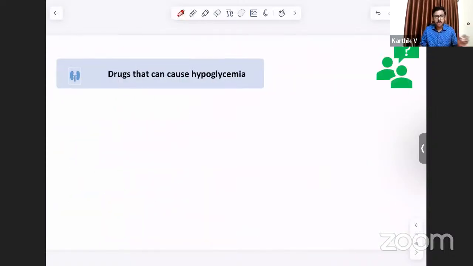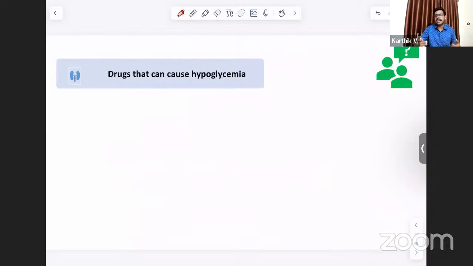Now, a few drugs that can cause hypoglycemia. If you look at the literature and some of the textbooks, you can see a very large list of drugs that can potentially result in hypoglycemia, and that may include very commonly used drugs like the ACE inhibitors, the ARBs, the beta blockers.